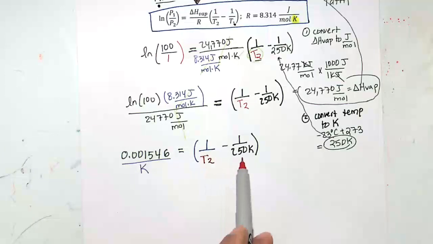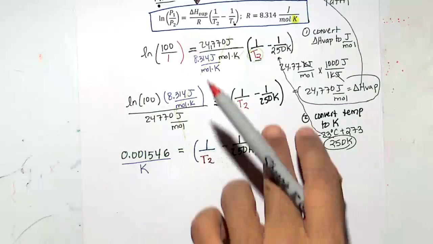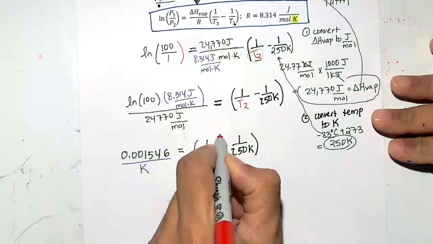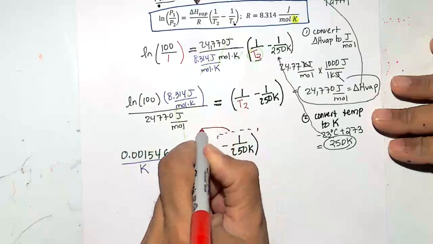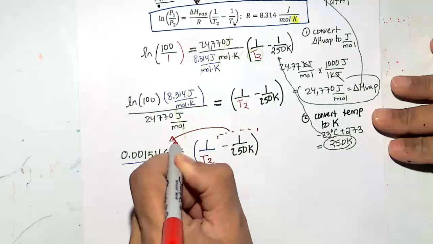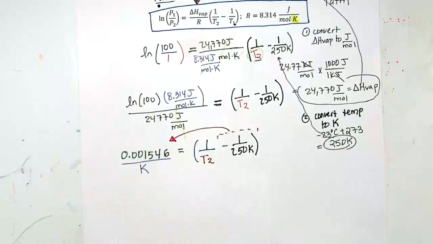So what I'm going to do now is take this minus 1 over 250 and put it to the other side.